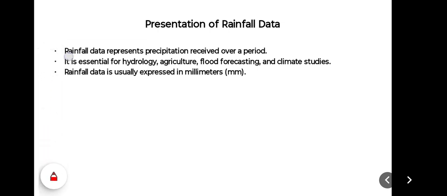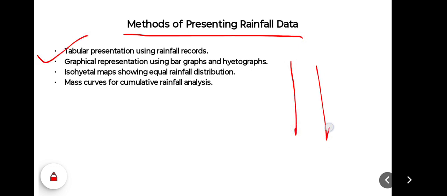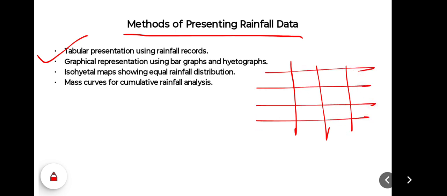here you can see rainfall data represents precipitation received over a period. It is essential for hydrology, agriculture, flood forecasting, and climate studies. Rainfall data is usually expressed in millimeter per annum. We have to express it. And methods of representing rainfall data: you can represent it as tabular presentation using rainfall reports, like in tables, days.